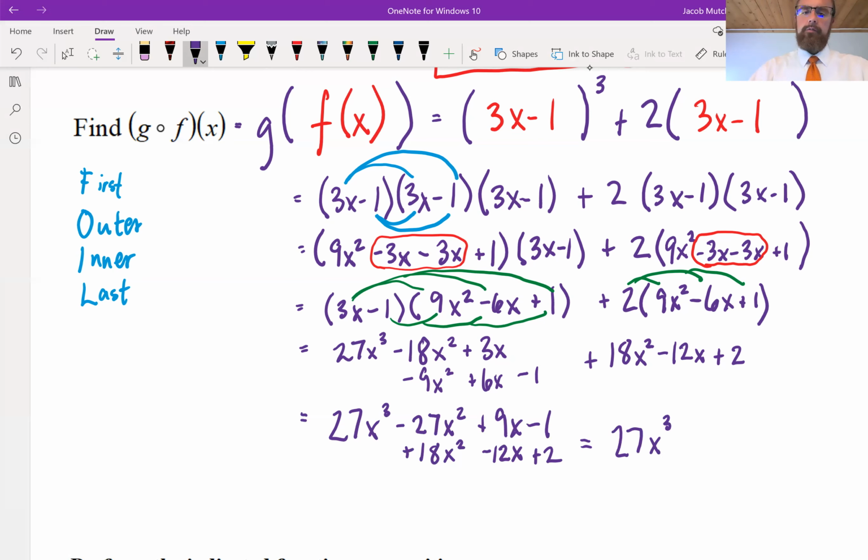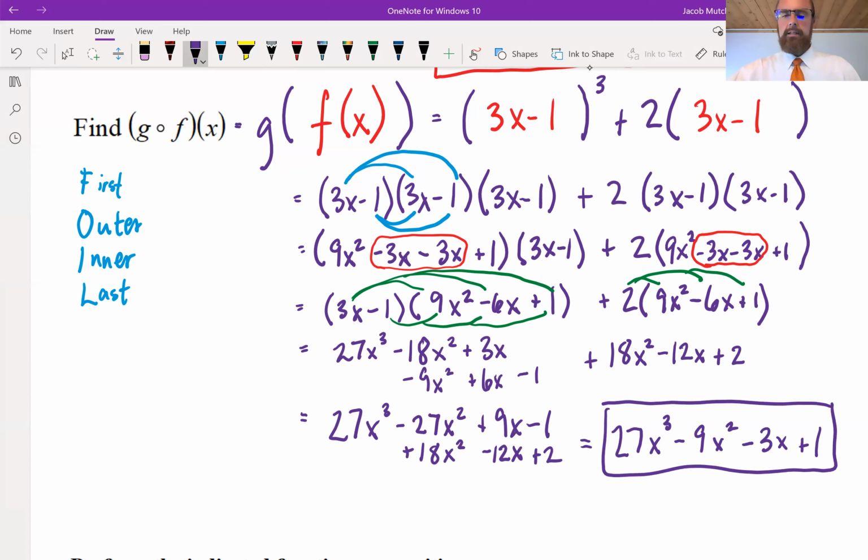And then negative 27x squared plus 18x squared is going to give us minus 9x squared. 9x minus 12x is minus 3x, and negative 1 plus 2 is plus 1. And that is complete. So that shows the second direction of the multiplying.